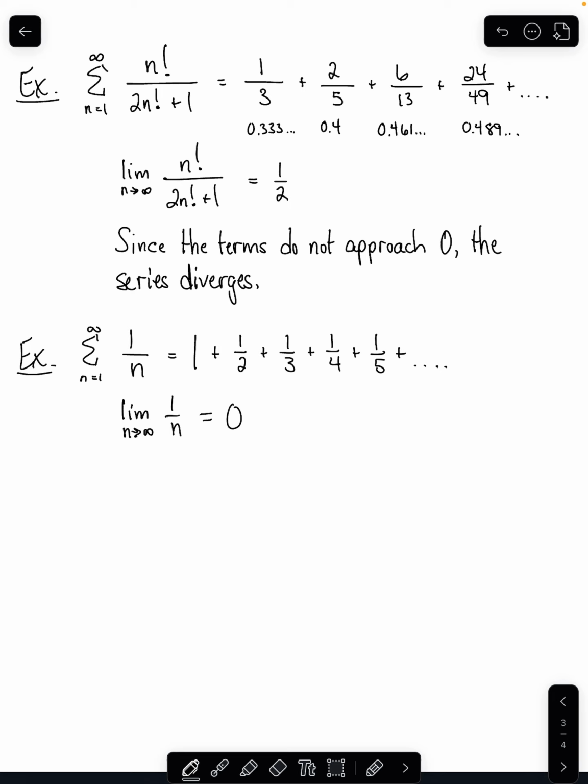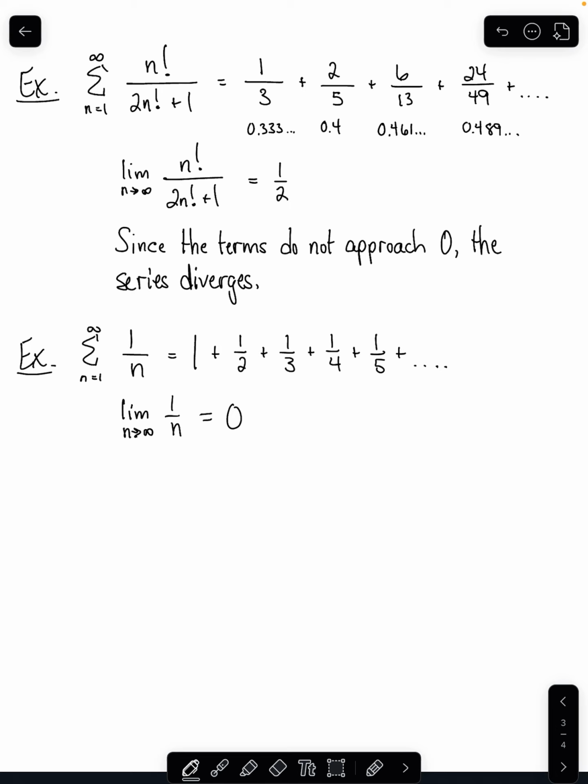Now that does not mean that the series converges, but it does mean it has a chance. And that's why this is called the divergence test, because the divergence test can conclusively prove divergence based on the fact that the terms do not approach zero. That does not mean that just because the terms approach zero, it must automatically converge.